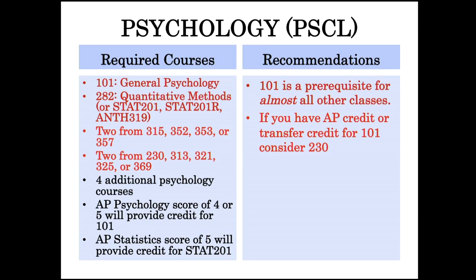In addition, you'll have 4 elective psychology courses. Psychology 101 is a prerequisite for almost all other classes. If you come in with AP credit or transfer credit for Psychology 101, I would recommend that you perhaps consider taking child psychology, Psychology 230 in its place.